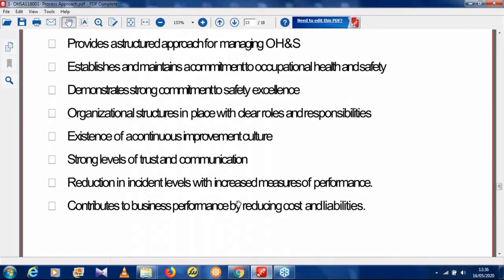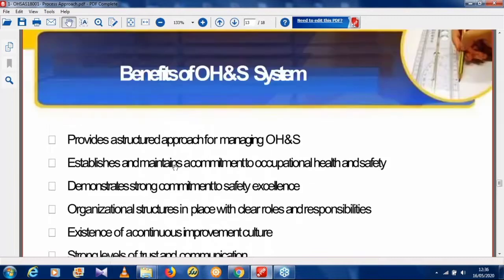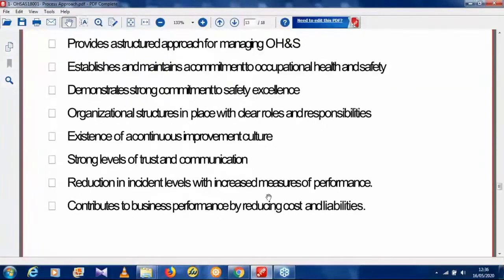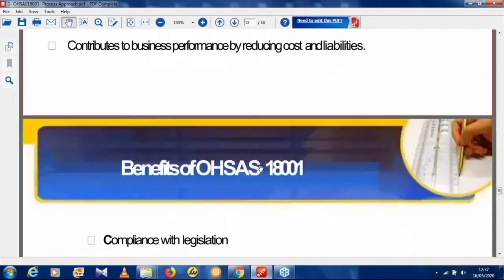So those are indirect costs. Some of these costs could be insured, some of them could be uninsured. But if you practice a proper occupational health and safety system, then these costs will be greatly reduced, if not totally eradicated. So it improves business performance by reducing cost and liabilities. All right.